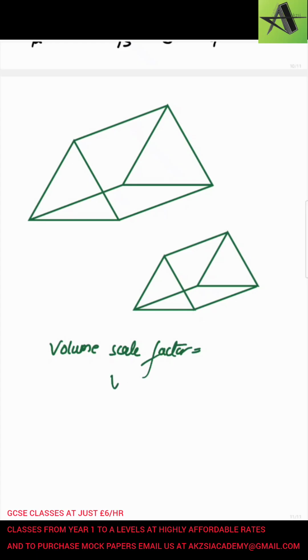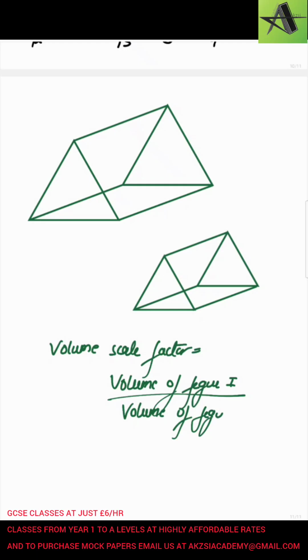So I can say volume of figure 1 over volume of figure 2. Just like the area scale factor, there is one more formula for the volume scale factor as well.